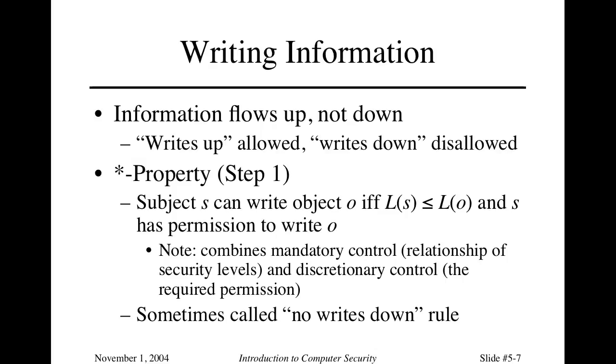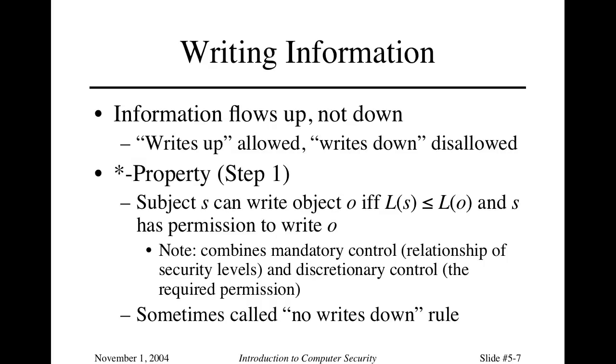This is reasonable because a lower level person should be able to report to his or her manager. So we submit a report, and your manager may have higher security clearance. It doesn't allow the information to flow down.